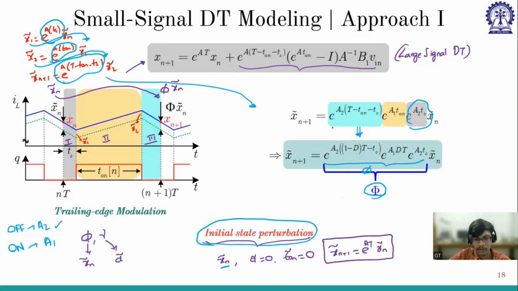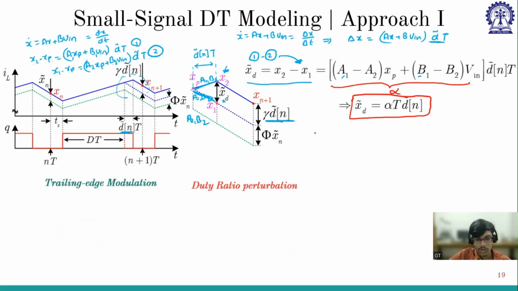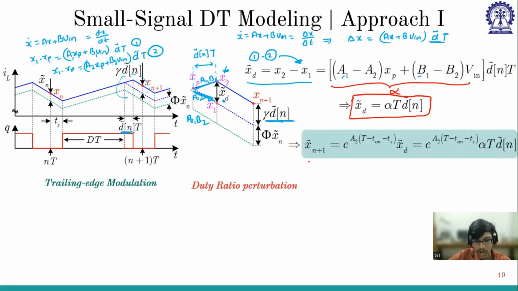So xn plus 1 perturb is e to the power a into time into the previous value. So xn plus 1 perturb will be e to the power a into t into xd perturb, right? And a is a2, because this is off time. And what is this time?